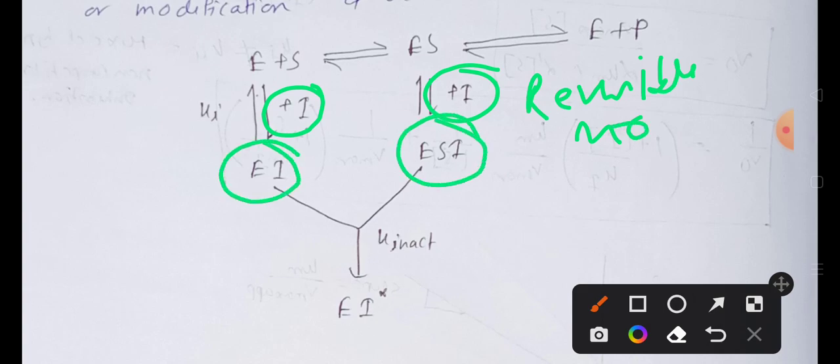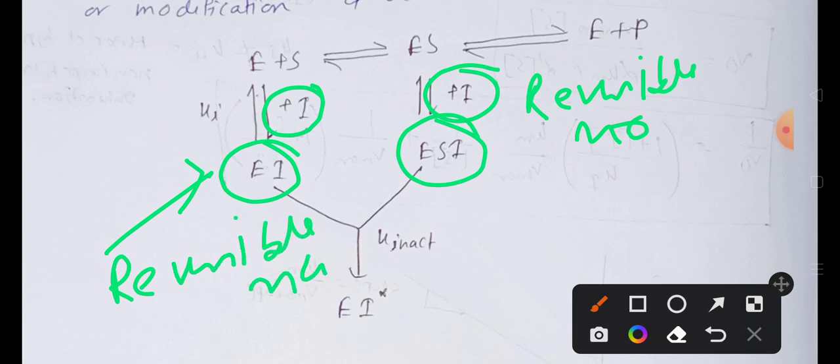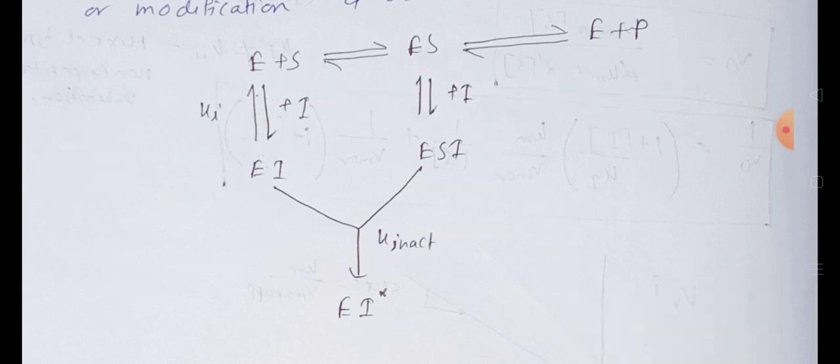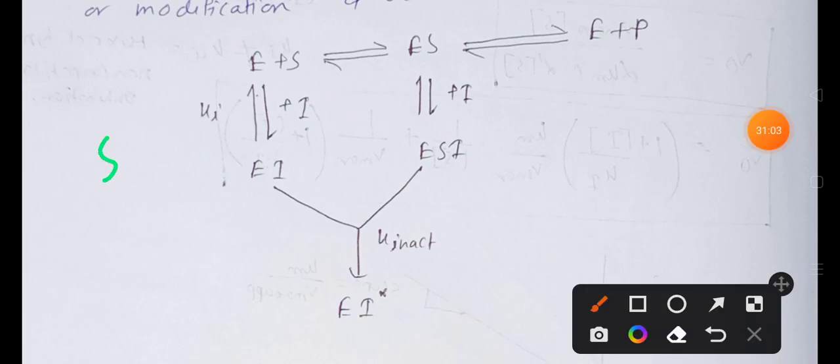Now I want to tell you one thing: up to that point we can reverse the effect of irreversible inhibition with the help of another reversible non-covalent interaction, with the help of an inhibitor that has a much higher affinity for the active site of the enzyme than the inhibitors doing the irreversible inhibition, or we can use a substrate having higher affinity for the enzyme as compared to that inhibitor, okay.